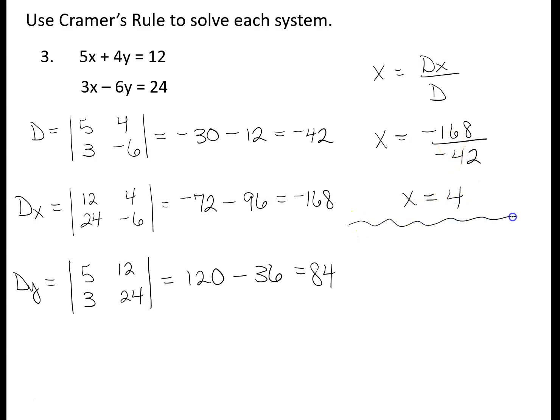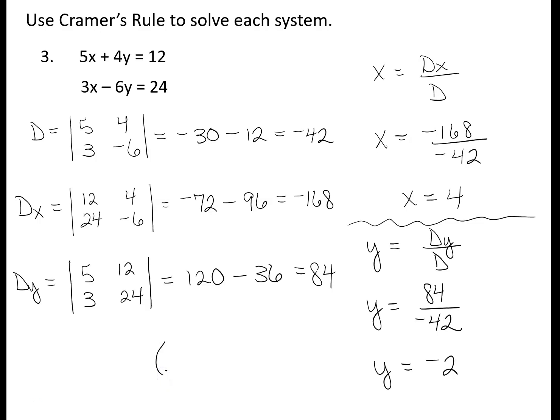So that's our answer for x. X is 4. And then we're going to do y. We find y by taking dy divided by d. So dy is 84 divided by negative 42. And the result of that would be negative 2. So now we have our answer for x and y. We're going to write our solution as an ordered pair, 4, negative 2.